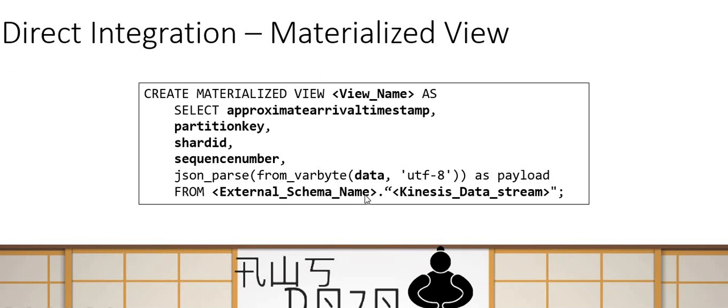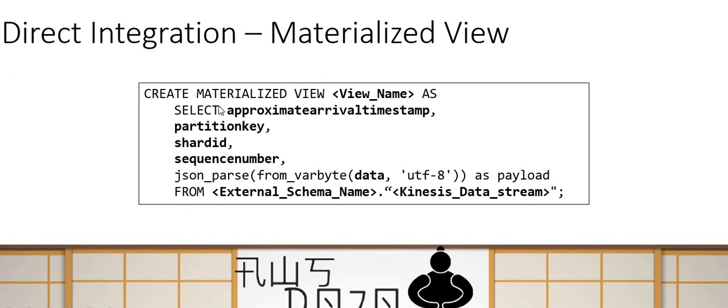So the external schema name we created in the earlier step, and then you mention the Kinesis data stream name. So the Kinesis data stream here works like a table within your schema. So Kinesis data stream is like a table within your schema, and so you simply read data from the stream using this from syntax over here.